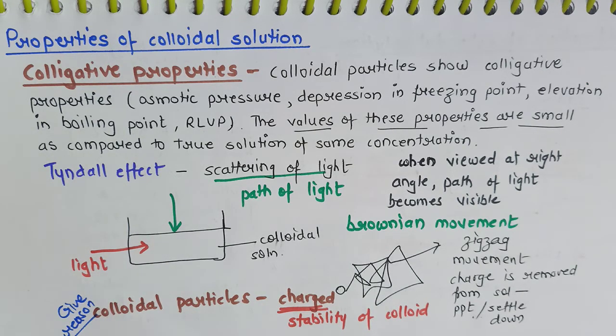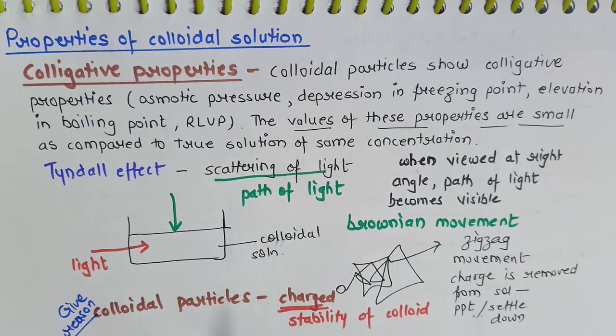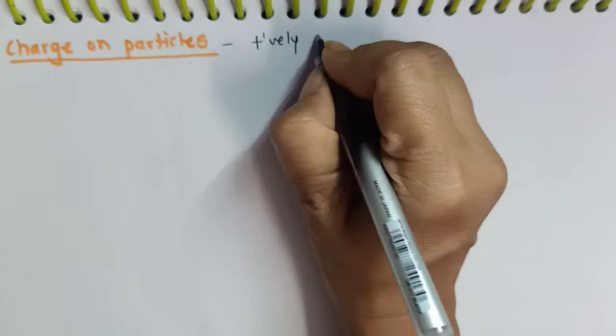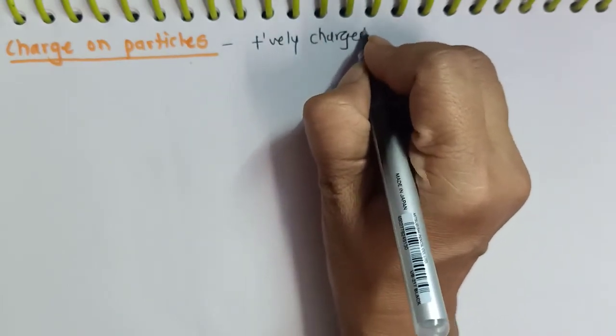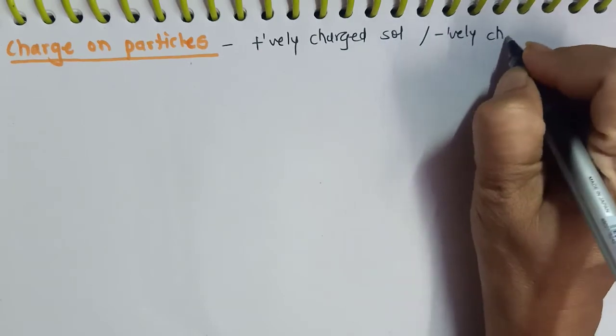Now since we have seen that colloid particles are charged particles, we'll study this topic in detail now. So now we know the colloidal particles are charged particles. They can be either positively charged or negatively charged, resulting in either positively charged sol or negatively charged sol.